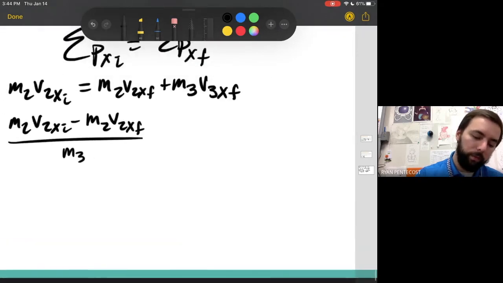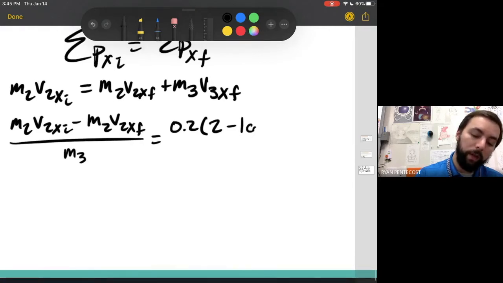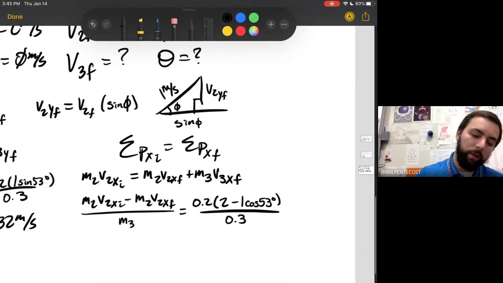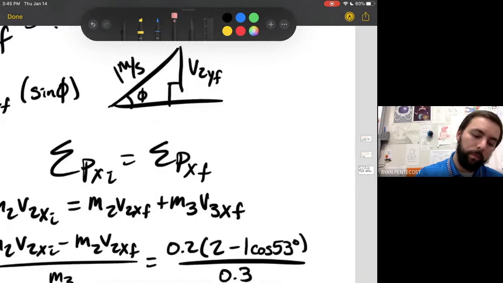Right, we got some room. So I'll factor out that mass, the M2. Then the Vx initially is a full 2. Then you minus the V2xf, which would be 1 cosine phi, which is 53 degrees. And that is all divided by 0.3. Just to show that, if we want this right here in the x, that would be V2x final, right?